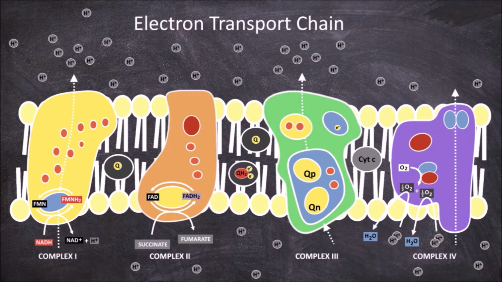As the electrons move to lower energy states as they move through complex 4, 2 hydrogens are pumped through. This ends the electron transport chain, leaving a high concentration of hydrogen protons in the intermembrane space and a low concentration in the matrix. This concentration gradient is vital for the production of ATP in the next step called chemiosmosis.